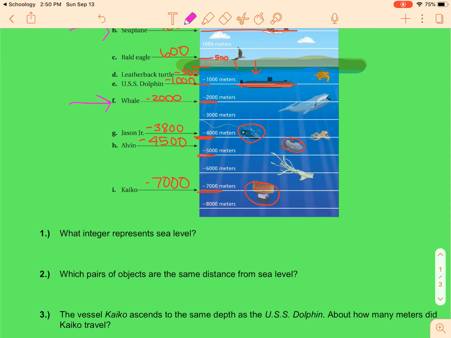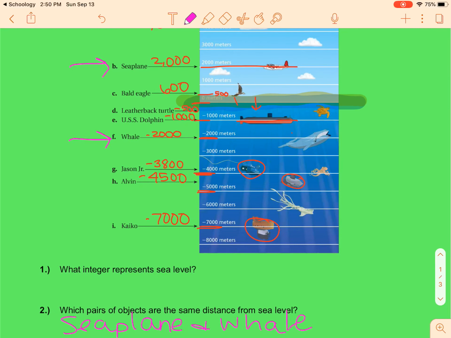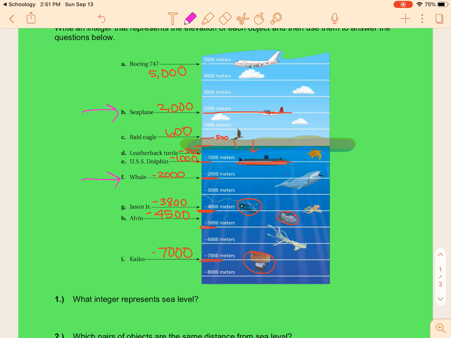So I would say the seaplane and the whale. Are there any others that are the same distance from sea level? I would say there's one that's really close, though we don't have the same numbers.